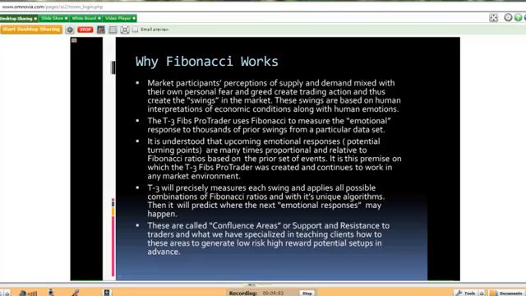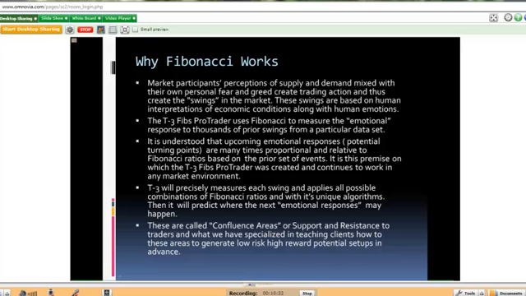And if you gather enough of these emotional responses, in my study, I've noticed, and those of you guys that have done Fibonacci as well can attest, that the upcoming emotional response is very proportional to the response that just happened in the marketplace. So really, this is the premise that I built our software around for doing Fibonacci and really building this roadmap for ourselves, is that the emotional levels of traders is repeatable and it's measurable.